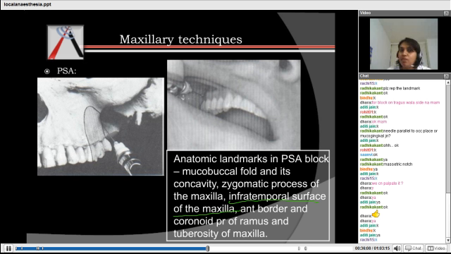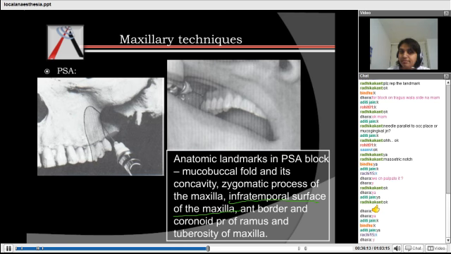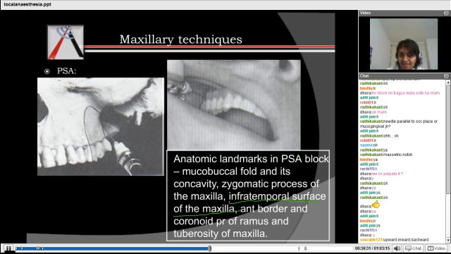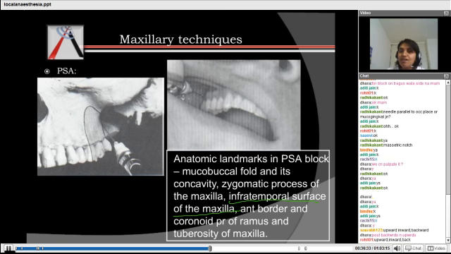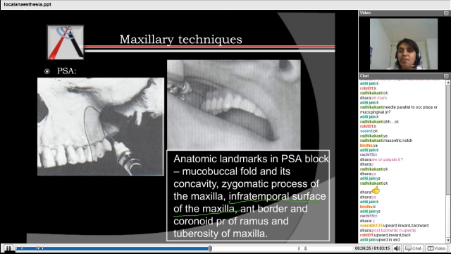Okay. Now, how do you insert the needle? What is the direction of the needle? Can you tell me the direction in 3 planes? Yes. It's upward, inward and backward.